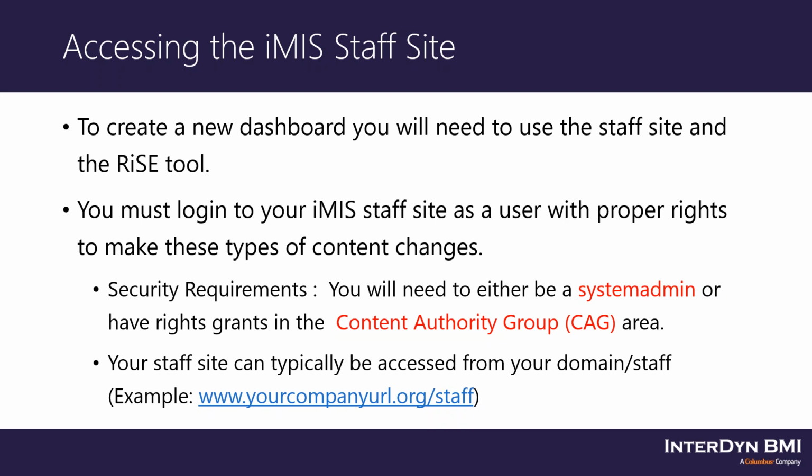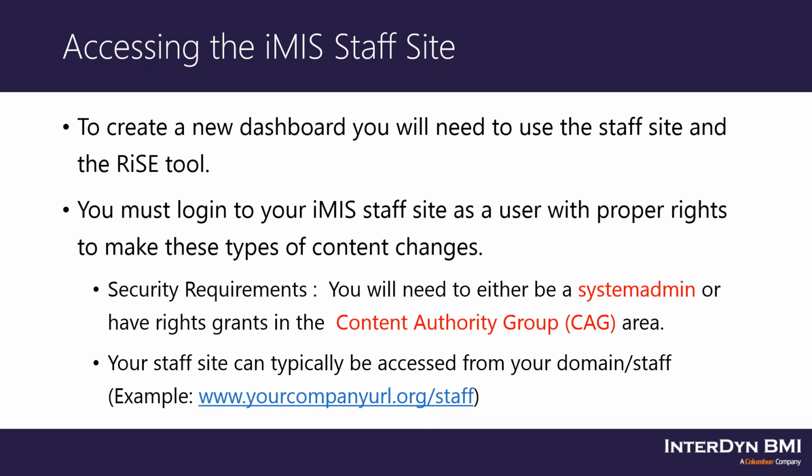When you're accessing the staff site, you still need to have that full user. They have to have access to the different modules that they're working in, as well as, within the RISE site, we have something called a Content Authority Group, or you'll see the acronym CAG, right? So you have to actually have rights to be able to manage your websites. And whether it's your staff website or your RISE website, which is the public facing, you'll need authority to do that.